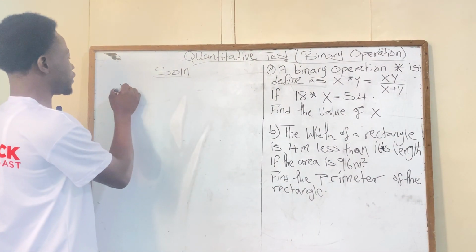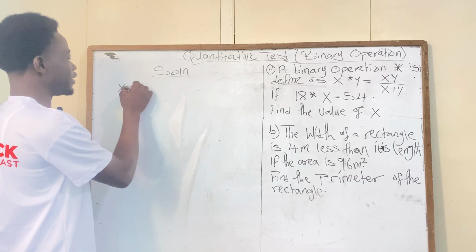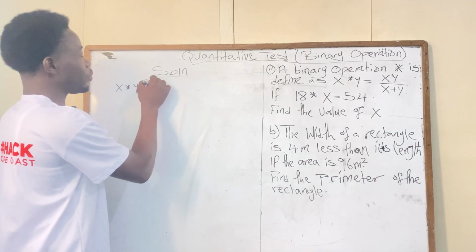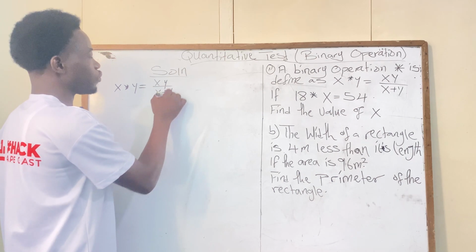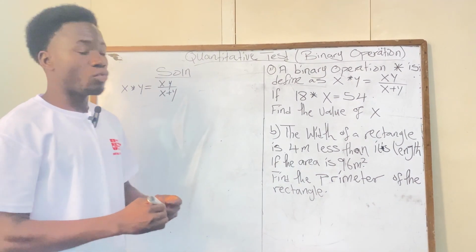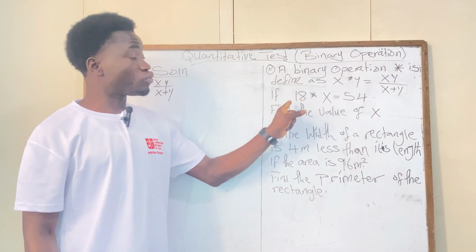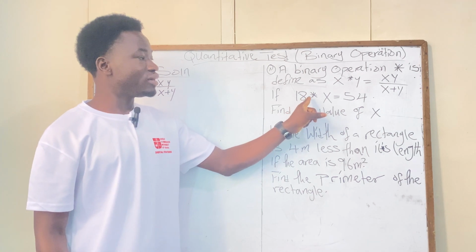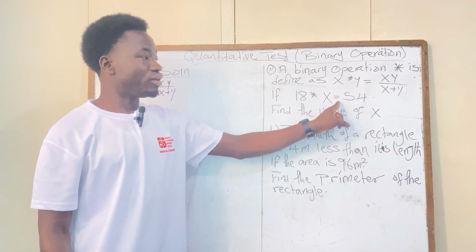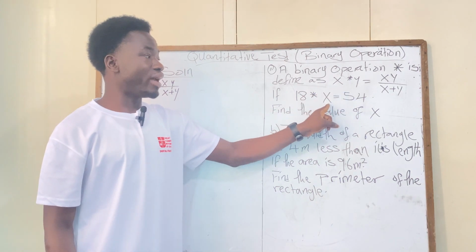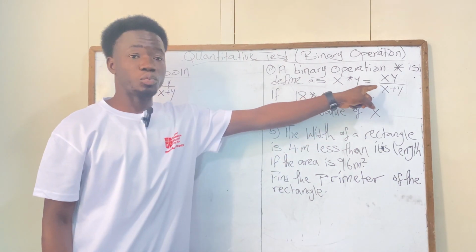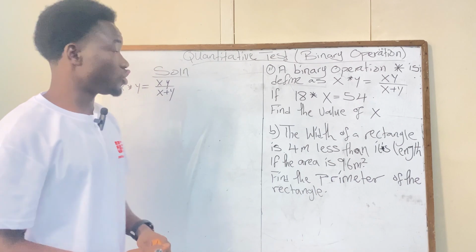We know that the operation x star y is equal to xy over x plus y, and now we are going to use that operation to solve for 18 star x equal to 54. So the 18 here can stand for the x and the x here can stand for the y. Whatever the operation is, you're going to use that definition.